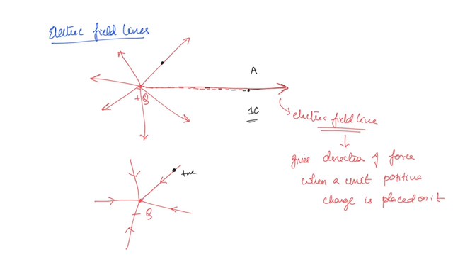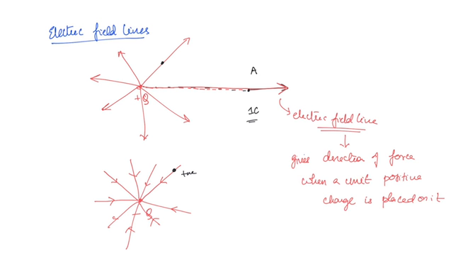So that is why for a negative charge, the field lines are going to be radially inward. So this is the basic electric field lines for a positive and negative charge that we have seen.